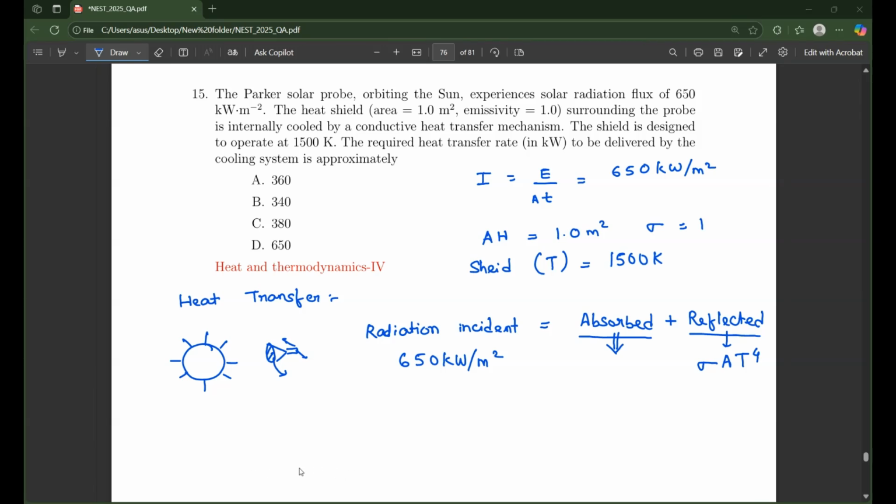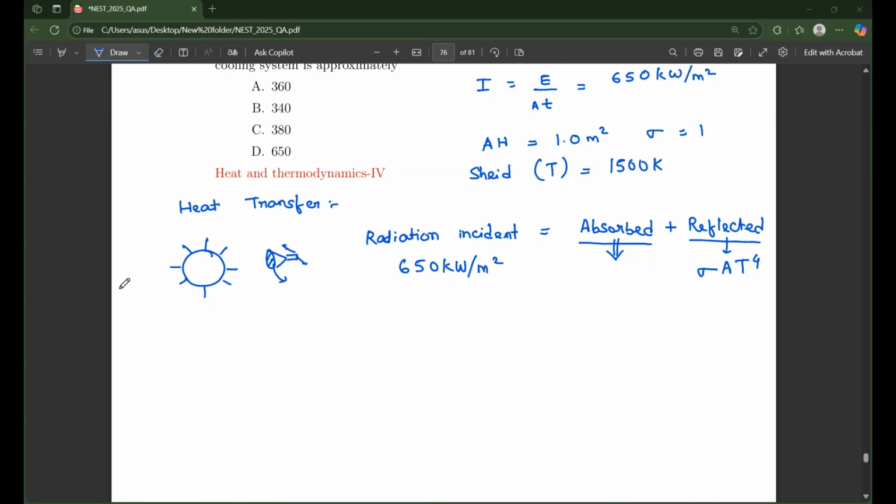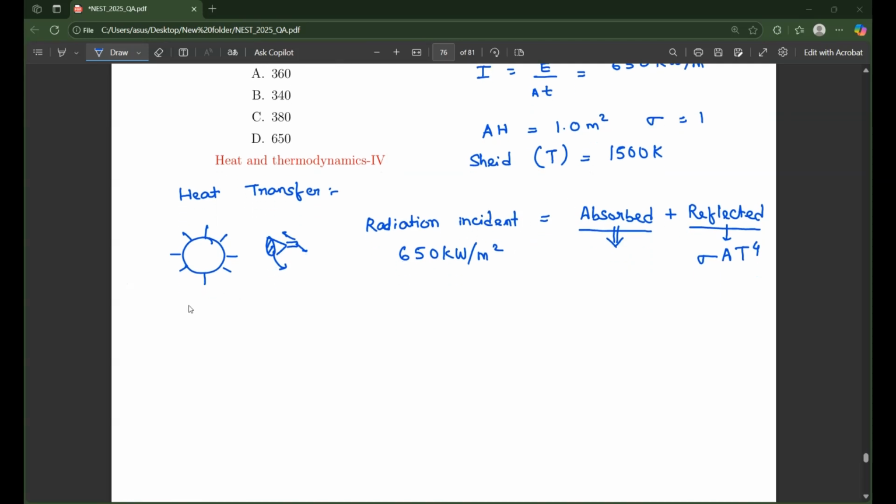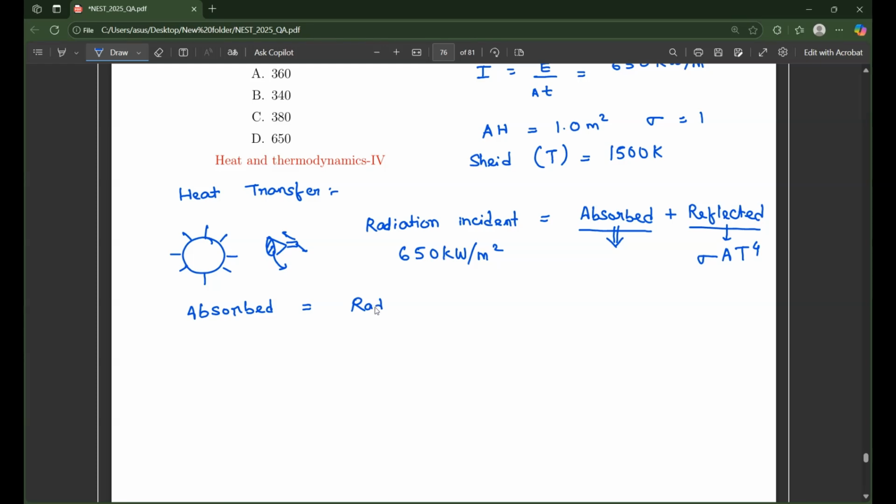Now the next part is, let's calculate the absorbed. How much amount is absorbed? It is equal to the radiation that is incident minus the reflected or radiated part.